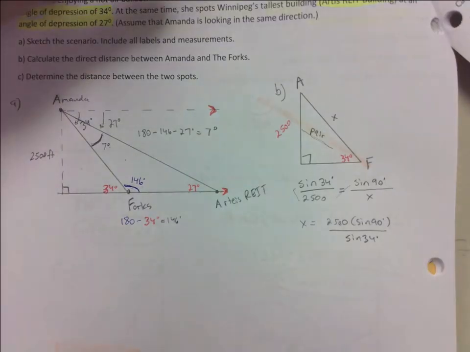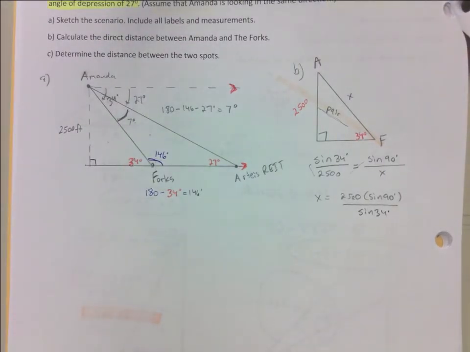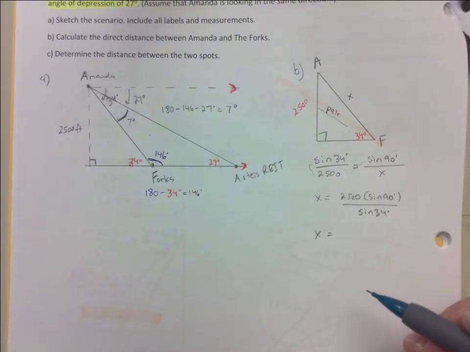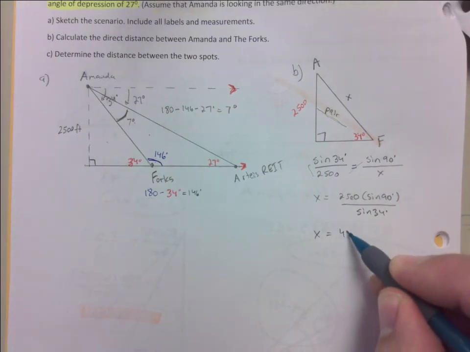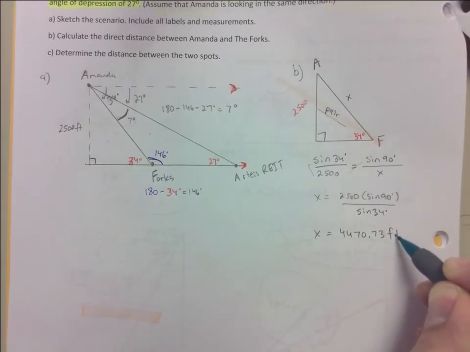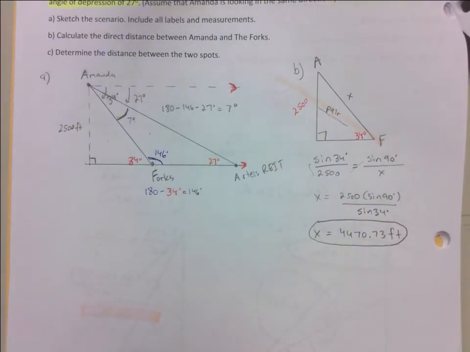So I'm just going to stick with sine law at the moment. So X is going to give us 4,470.73 feet. So that tells us how far Amanda is from the forks, like the direct distance.